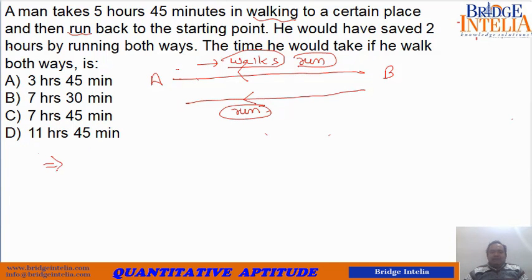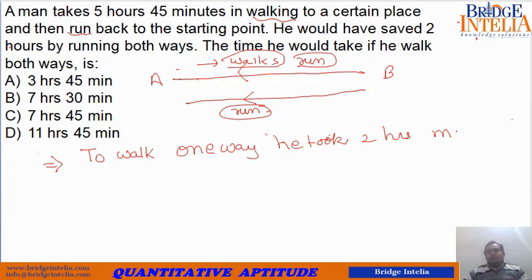It simply means that to walk one way, he took 2 hours more as compared to running one way.